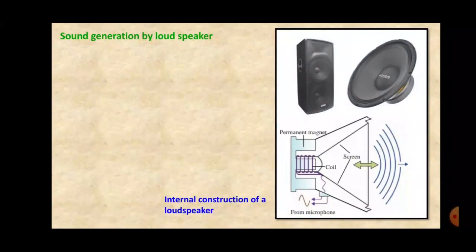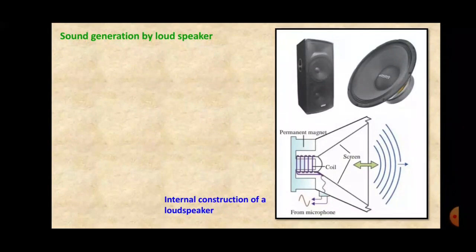Now here the magnetic field is created due to the coil. This we had studied in the previous lessons, that when a coil is present between the permanent magnets and current flows through it, the magnetic field is created.